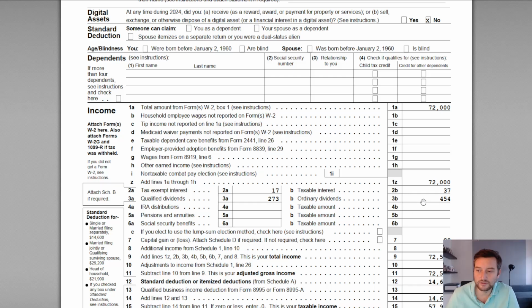And then the ordinary dividends, there's our $454 coming through from Schedule B. Now, qualified dividends, it's important to separate that because qualified dividend income is subject to reduced tax rates versus non-qualified dividends. So we have the 273 entry here, and then Amy would also use this figure to complete the qualified dividends and capital gains tax worksheet, where she can calculate the reduced rate on that dividend amount. All right.